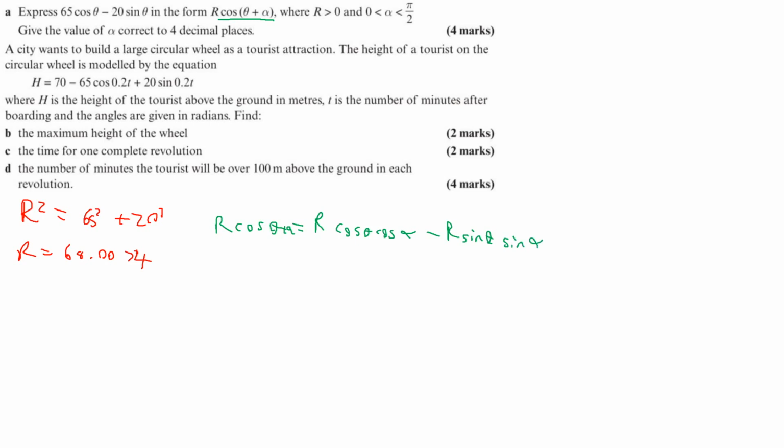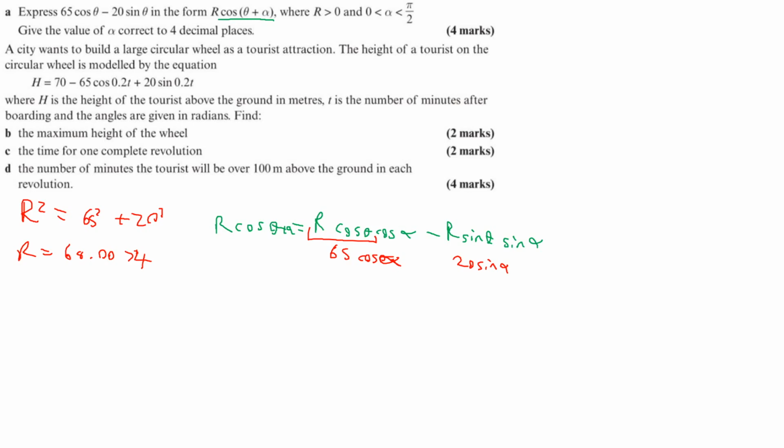Which means that this is equal to 65 cos theta, and this is 20 sine theta, sine alpha. Okay? Why? Because it's r times that, cos theta.